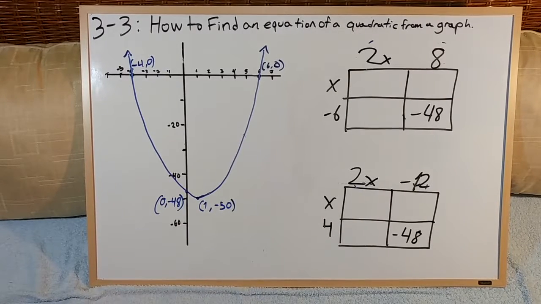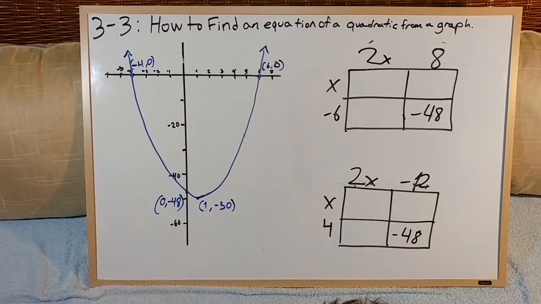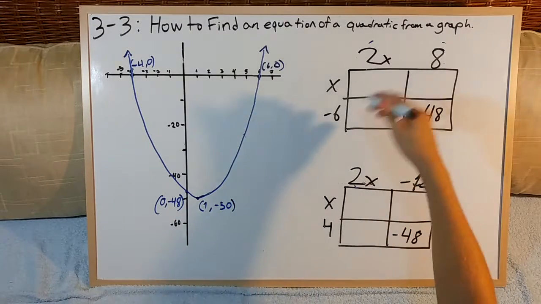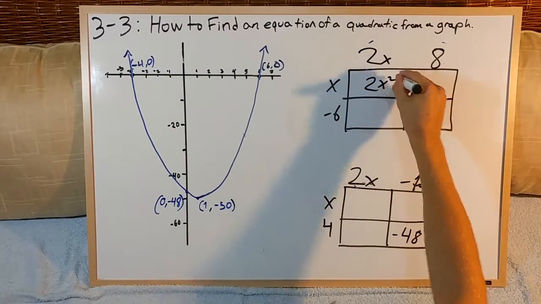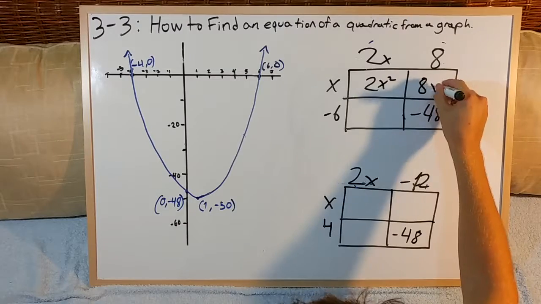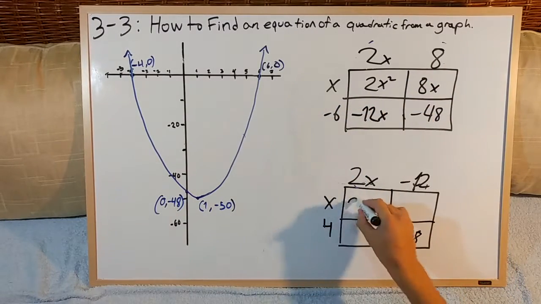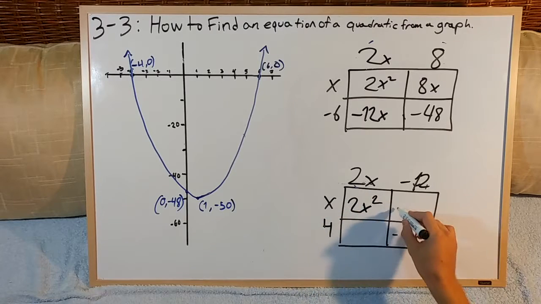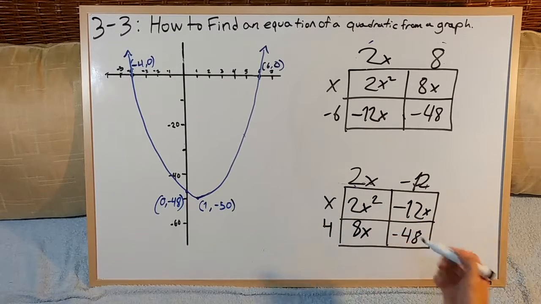We also know that this y value here and here is the constant. When we complete the square here, we get 2x squared, 8x, negative 12x, and 2x squared, negative 12x, and 8x.